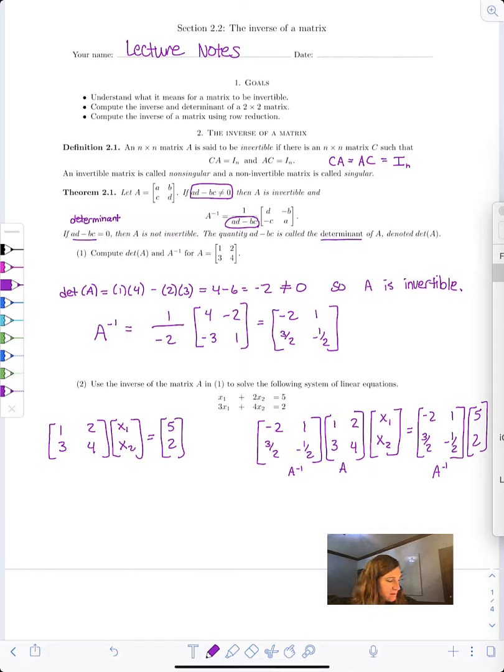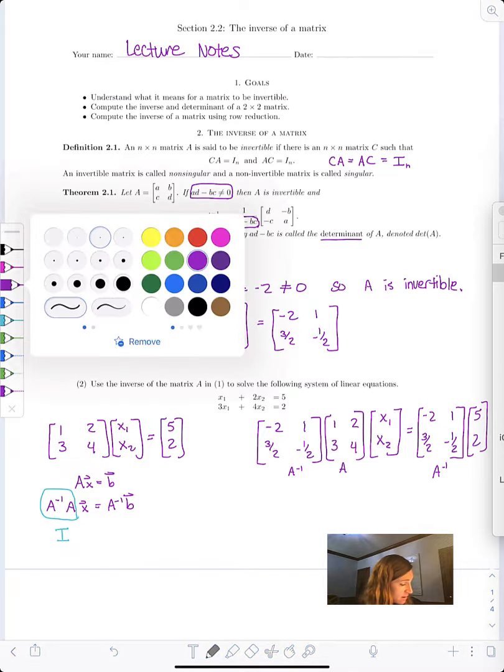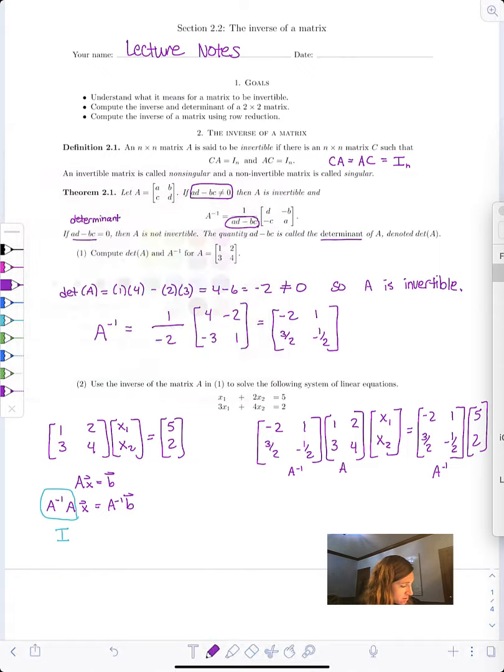If we had A times X equals B, then we do A inverse times AX. A inverse times A gives us the identity, since A inverse is the inverse of A. And so we're left with just X equals A inverse times B.